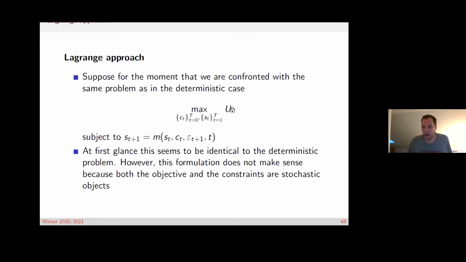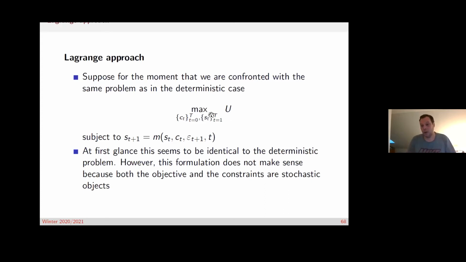So the utility that we face is also a stochastic object. Okay, so it's not a good idea. This is basically a random variable, right? So it's a function. We do not want to maximize a function, but we want to pick the largest number. So we have to transform this stochastic object into something with which we can work.